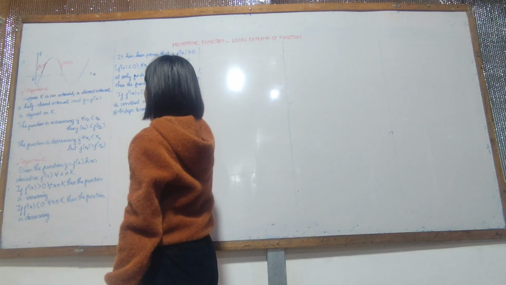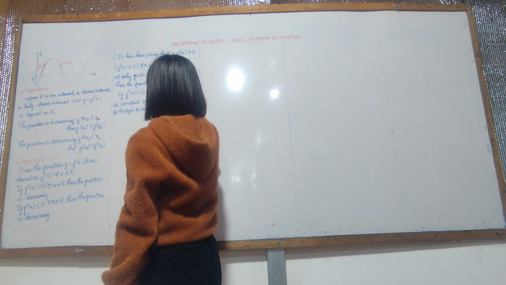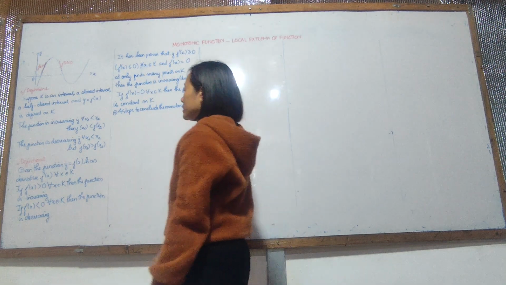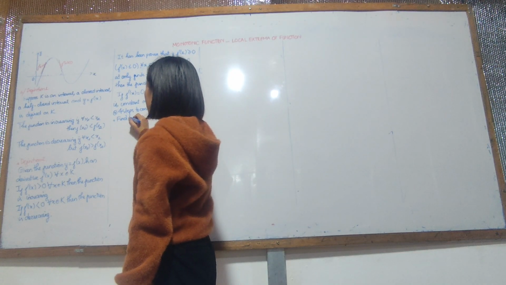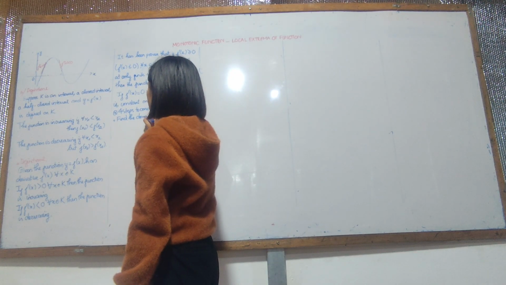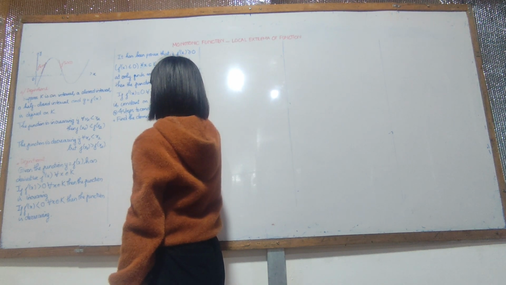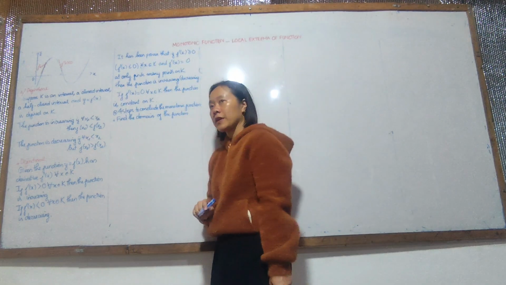And to do this, we will follow 4 steps to conclude the monotonic function. Step 1. We will find the domain of the function. Okay.